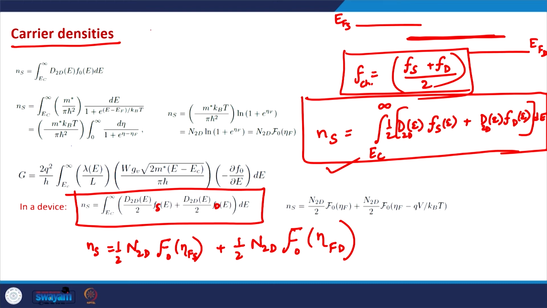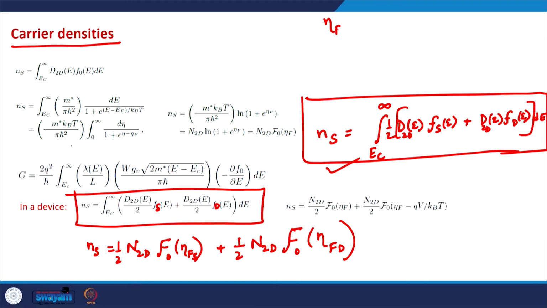where eta fs can be defined as EFS minus EC by kT, and eta fd is defined as EFD minus EC by kT.